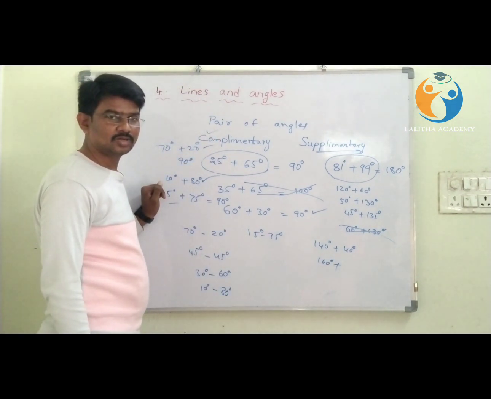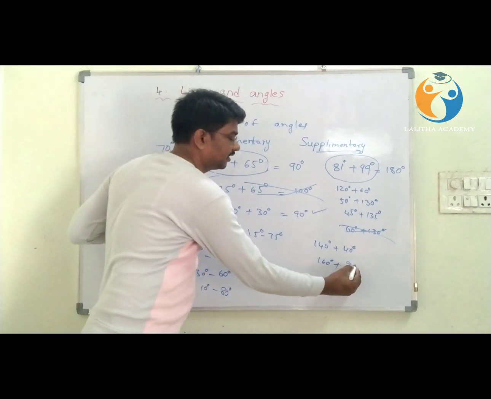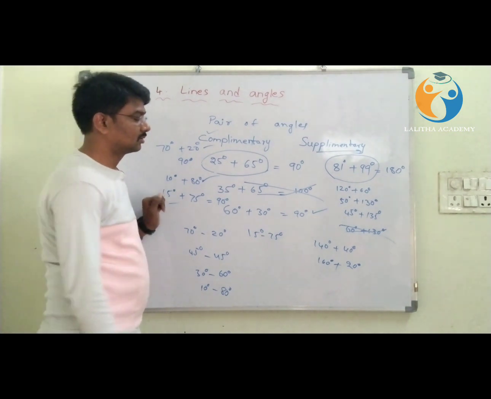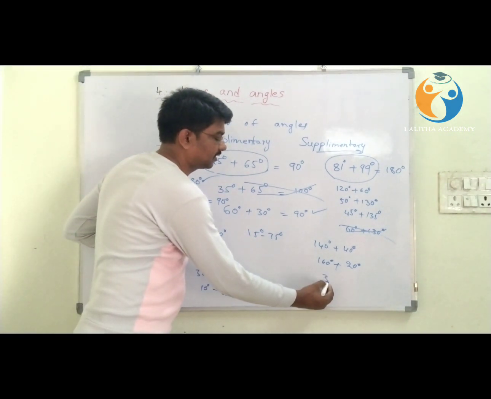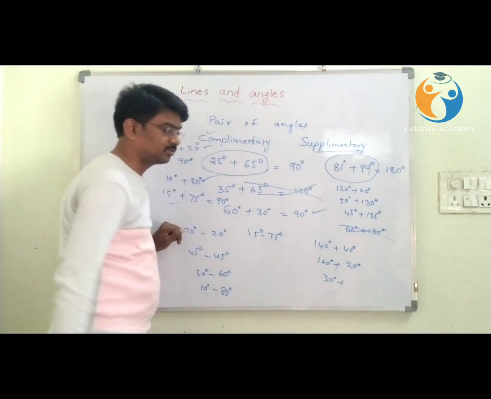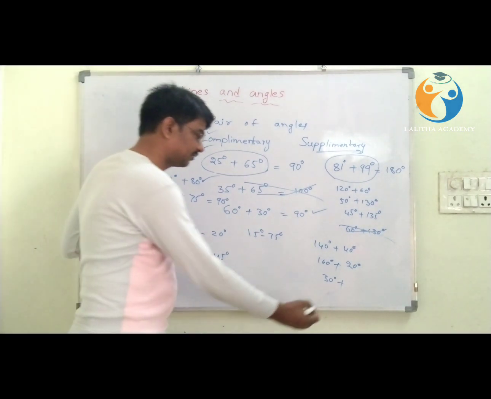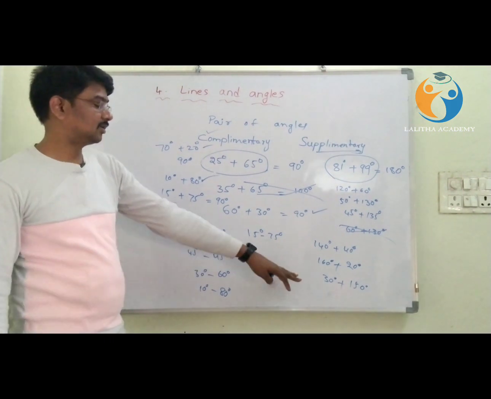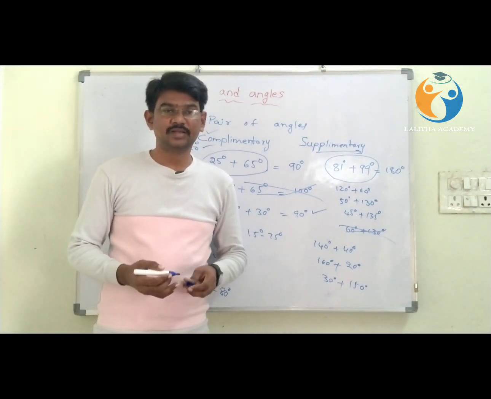What should be your answer? 20 degrees. Sum should be 180 degrees. 30 degrees given. What should be your answer? 150 degrees, so that their sum will become 180.